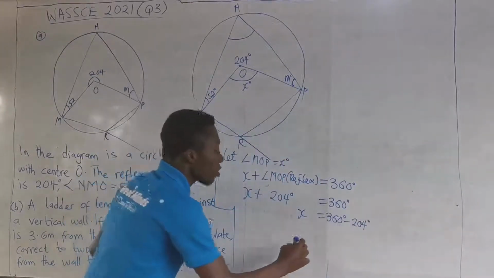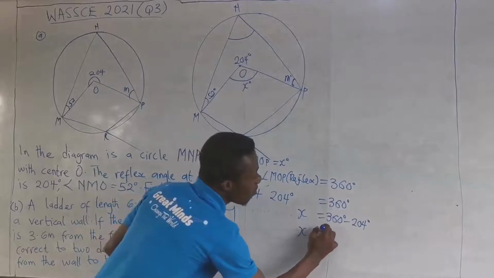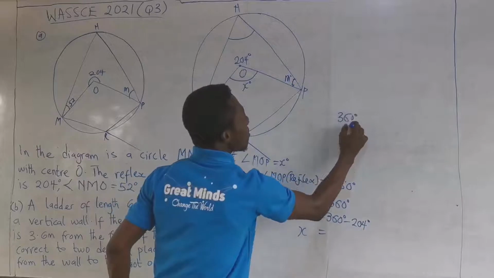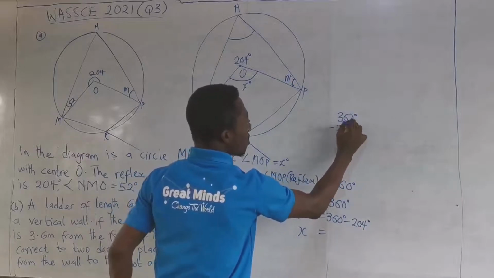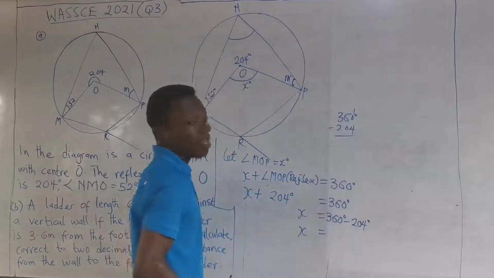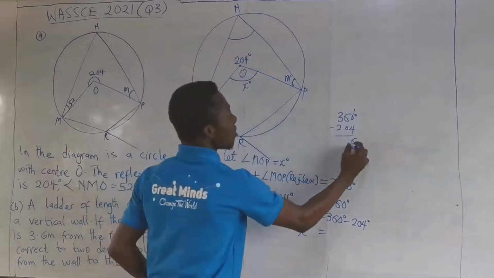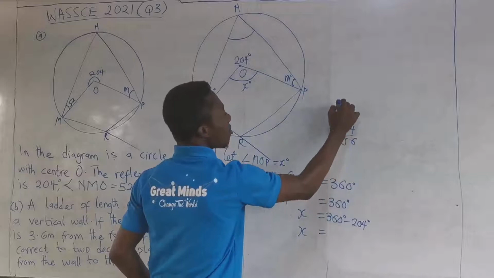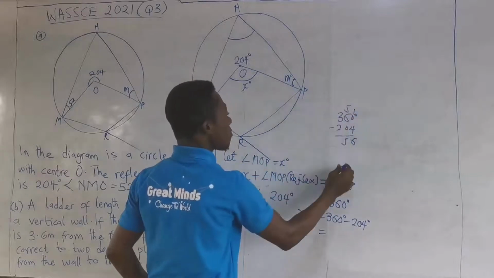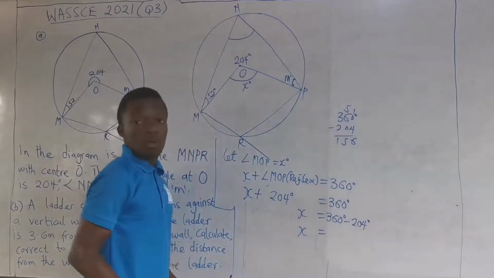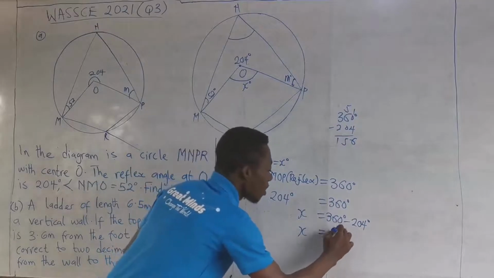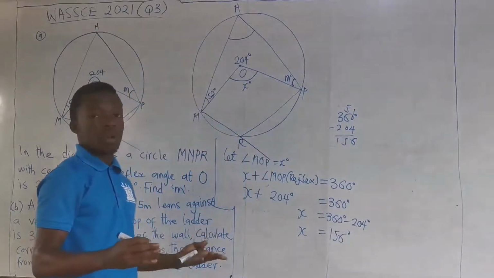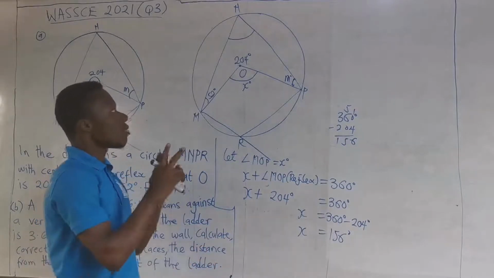Therefore, x equals 360 degrees minus 204 degrees. I borrow one, making 10, which gives 6; here is left with 5; and 3 taken from 2 leaves 1. So we are left with 156 degrees. That is how we find x.